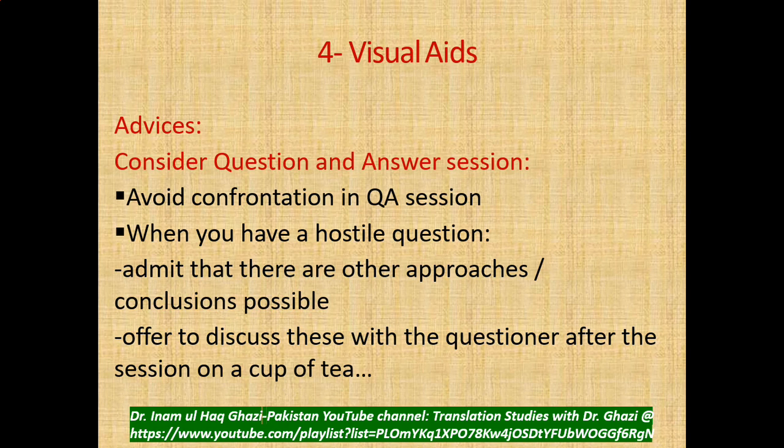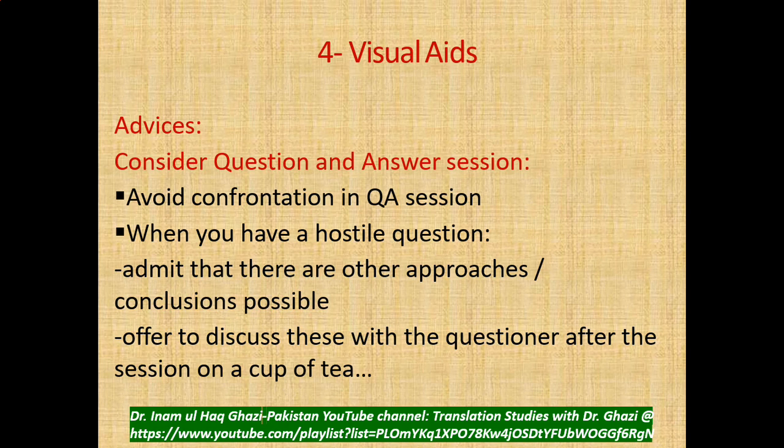Avoid confrontation in the question answer session. Do not indulge in argumentation and confrontation. When you have a hostile question, you can admit that there are other approaches. So you can avoid confrontation in this way, that there are other approaches also available, or these are the views that can be discussed, that can be analyzed, and I personally don't know if researchers have expressed these views, but they are there.